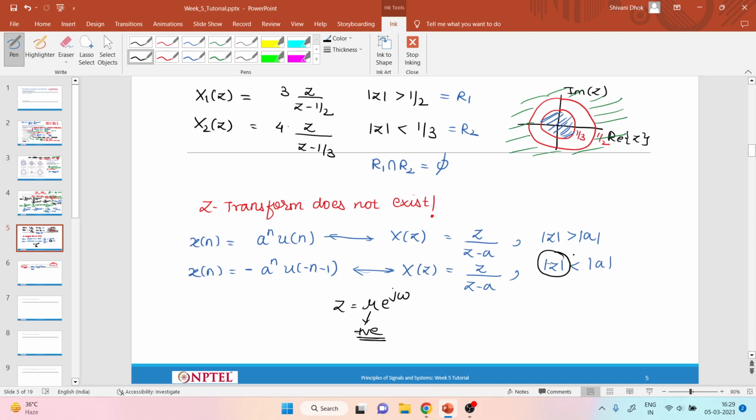So this is basically defined with respect to the radius of circles in the z plane. So if I say that my magnitude of z is less than some quantity, let's say 1, then it will be entirely interior to the circle, and if I say it is greater than some quantity, then it will be outside the circle.